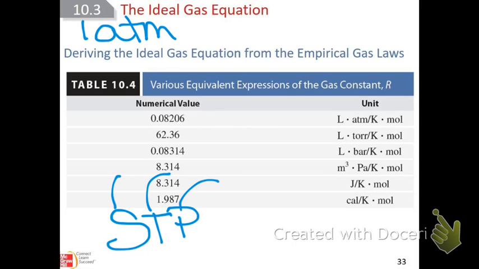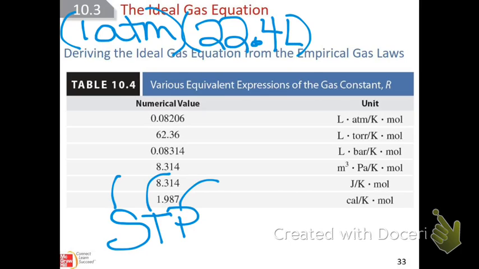Well, I know my mole conversions. At 1 atmosphere, how many liters is that? If you remember those mole conversions I told you to know, that's 22.4 liters. For how much? For 1 mole of any gas.